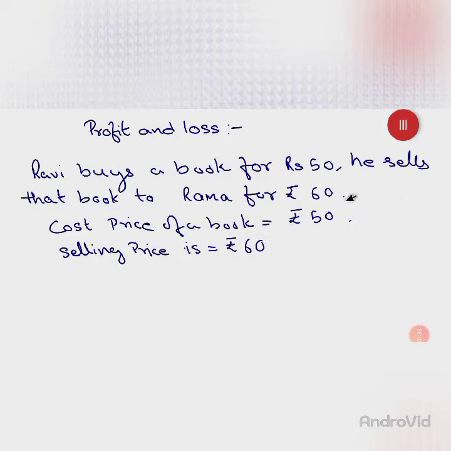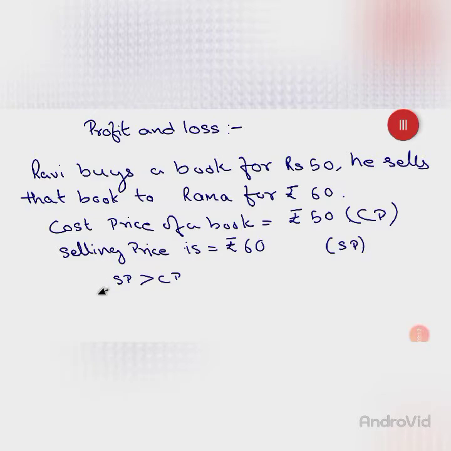Cost price is represented by CP and selling price is represented by SP. Here, as Ravi bought the book for rupees 50 and sold it at rupees 60, selling price is greater than cost price. Okay, here he is having a profit of 10 rupees.